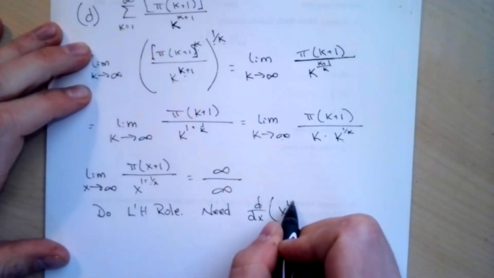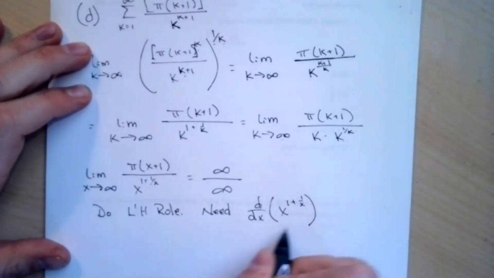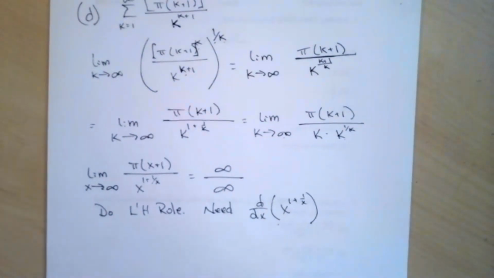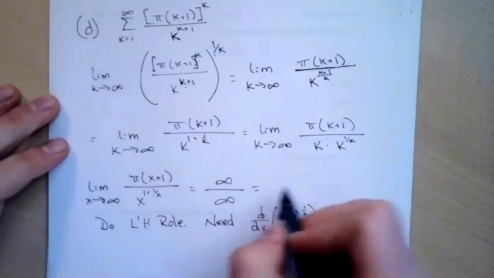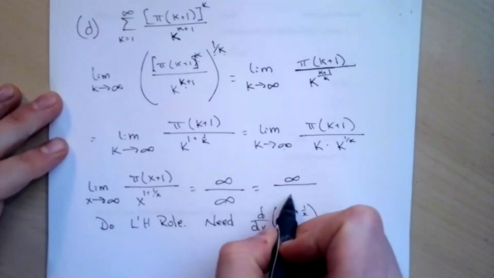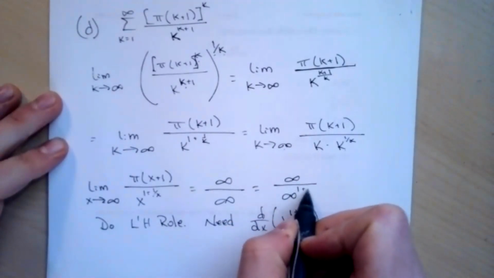And careful with this derivative here. Wait, the 1 over x wouldn't just go to 0? Yeah, in the exponent. That's why the limit is going to be infinity to the 1 plus 0.